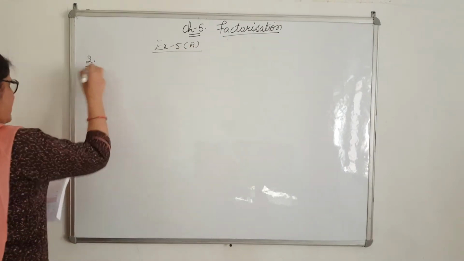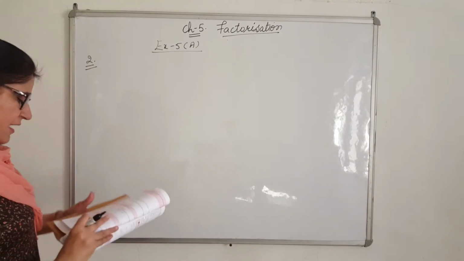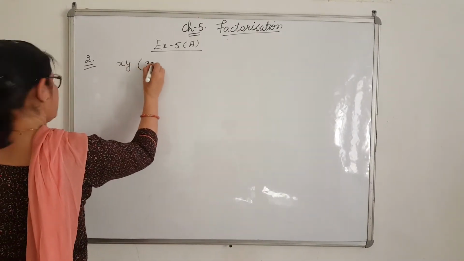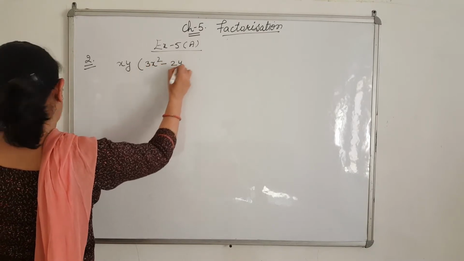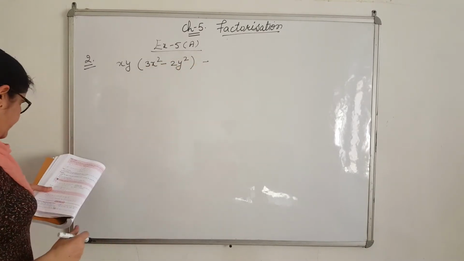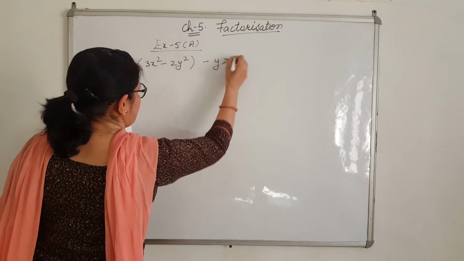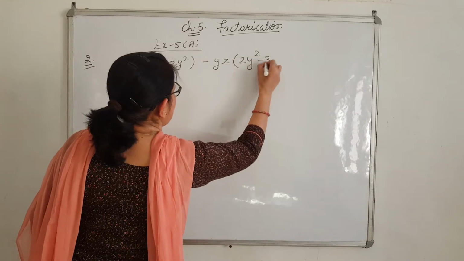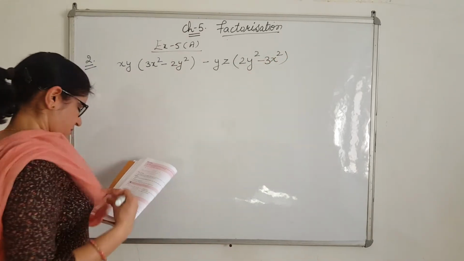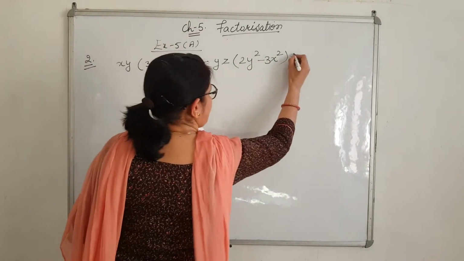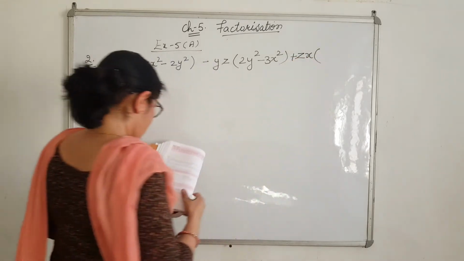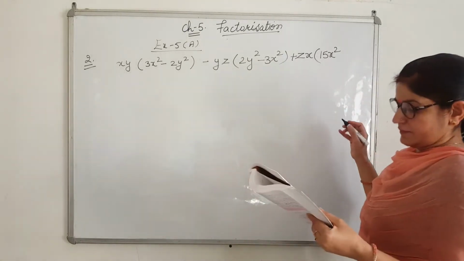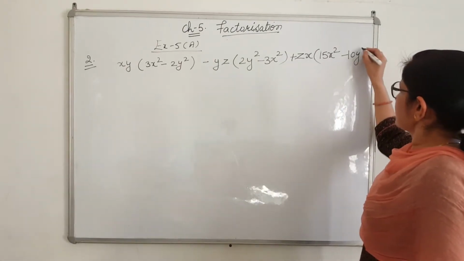Second question, you have to factorize by taking out the common factor. The statement is xy(3x² − 2y²) − yz(2y² − 3x²) + zx(15x² − 10y²).